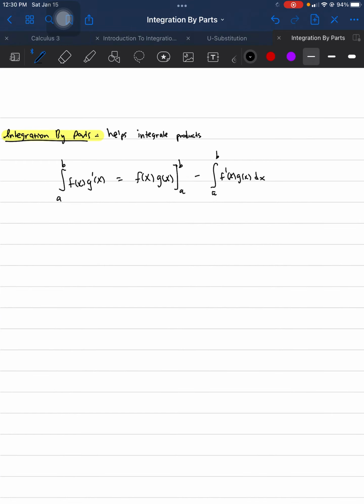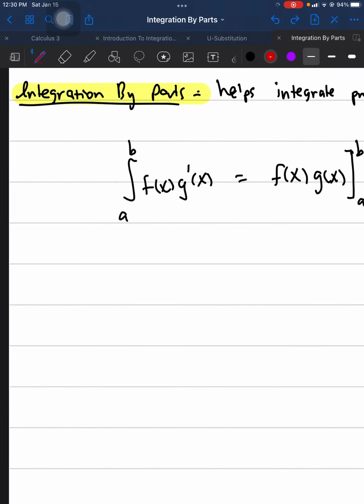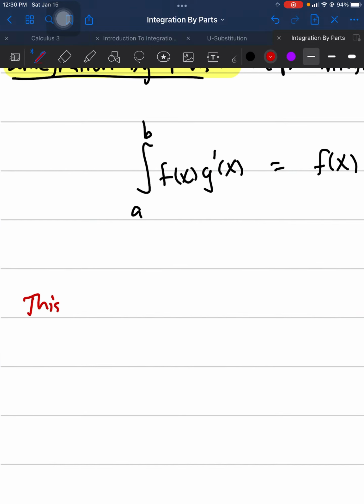So this is basically a general formula for integration by parts with the terms f of x and g of x. We have to make sure that f of x and g of x are continuous, and f prime and g prime are also continuous. So what this formula implies, let's write that here.